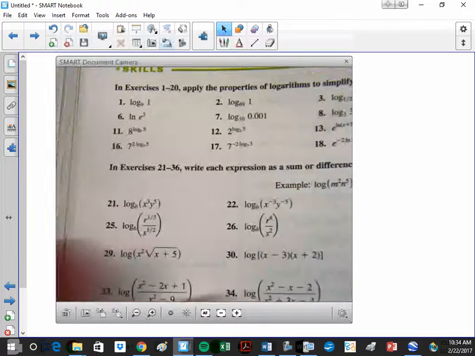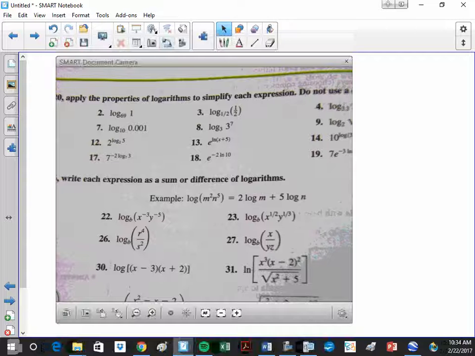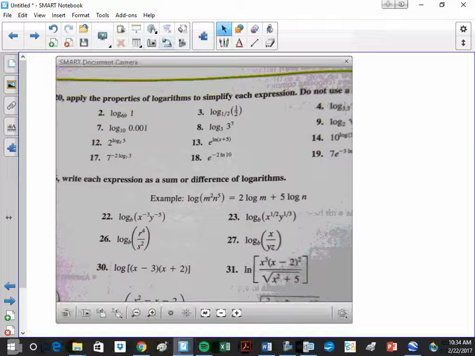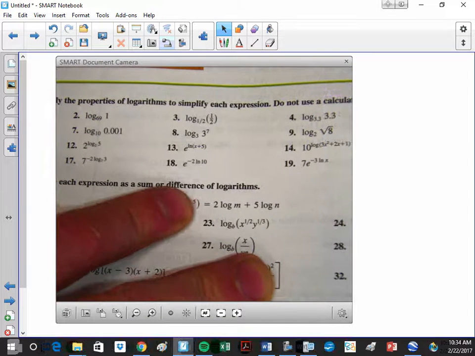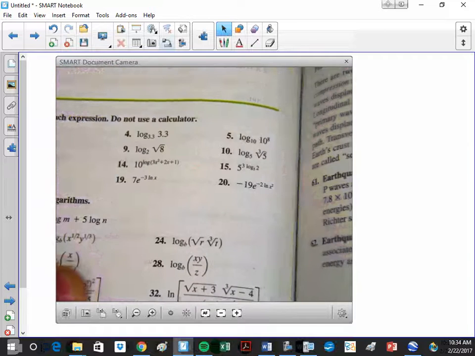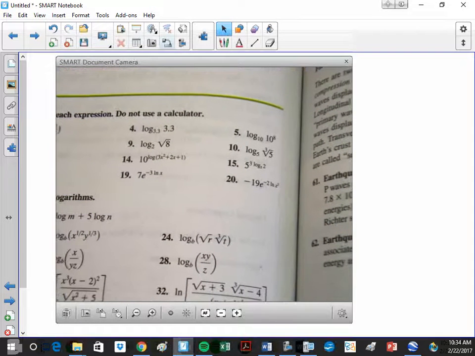All right, number 3. What's the answer to number 3? It's just 1. 1 half to what power is 1 half? 1. Number 4? Number 4 is 1. Number 5? 8. Now there are two ways to do that.